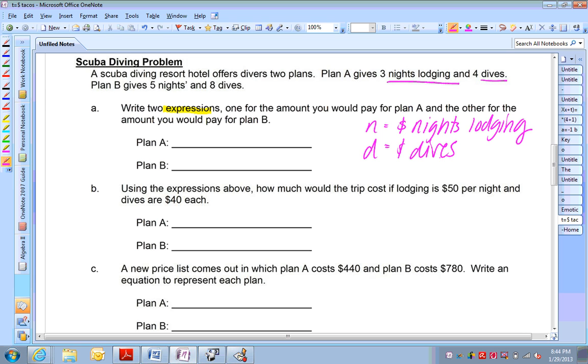Okay, so in Plan A, they give you 3 nights, so 3 times the cost of a night, plus 4 times the cost of the dives, would give you a good expression to represent the cost of Plan A, 3N plus 4D. Okay, Plan B, they're going to give you 5 nights, so 5 times the cost of lodging for 1 night, plus 8 times the cost of a dive.